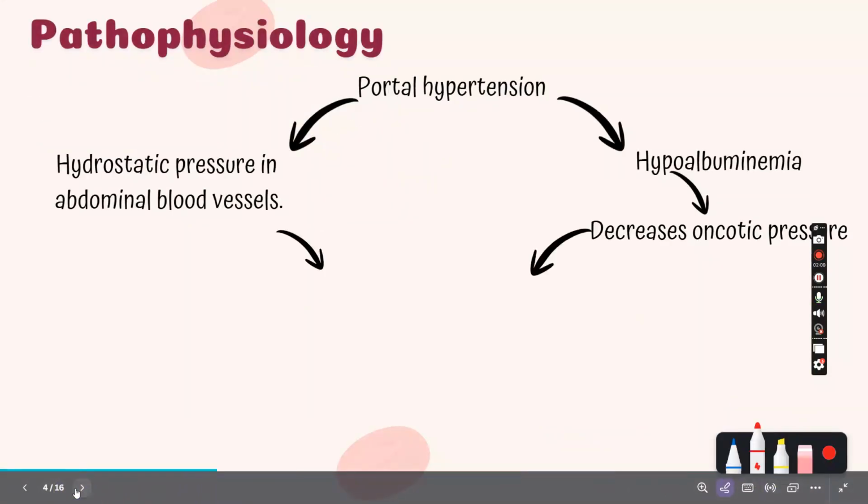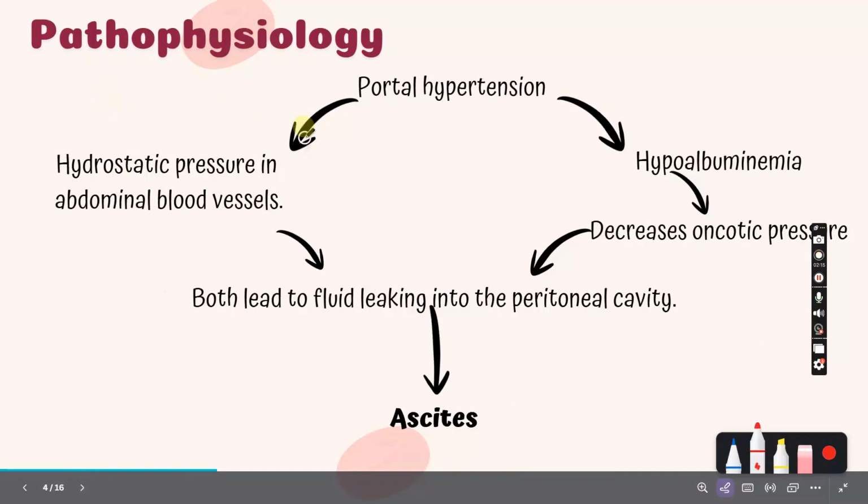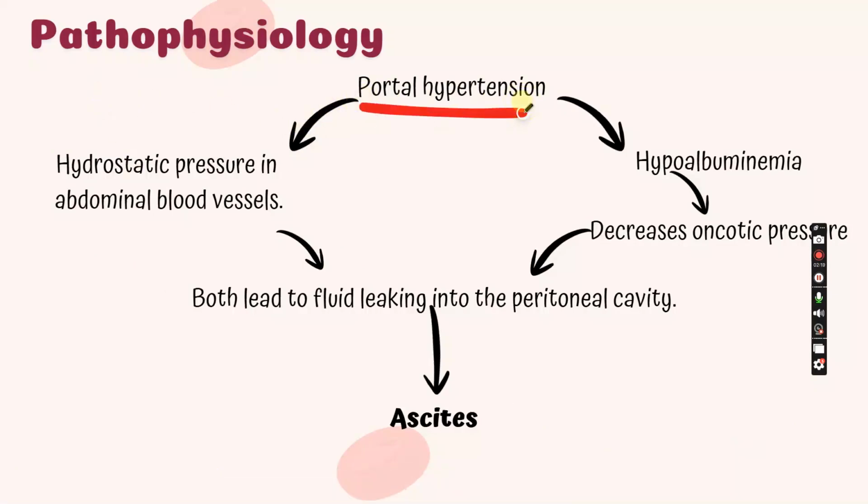Next, we have the pathophysiology, how this disease progresses further in advanced stages. As we read in the previous slide, portal hypertension is caused by any kind of liver disease. Portal hypertension leads to two things. First is increased hydrostatic pressure in the abdominal blood vessels. The next is hypoalbuminemia.